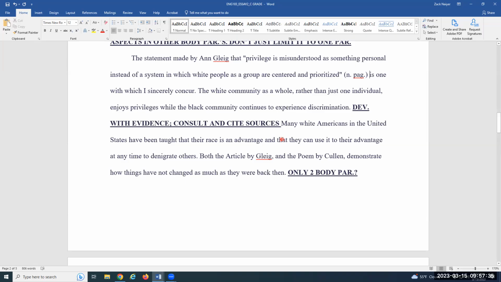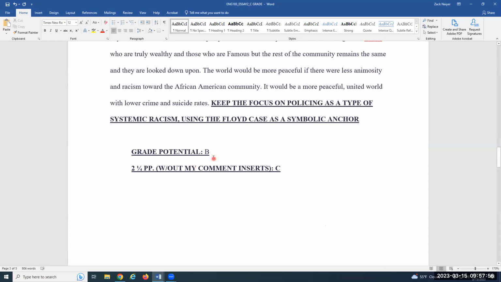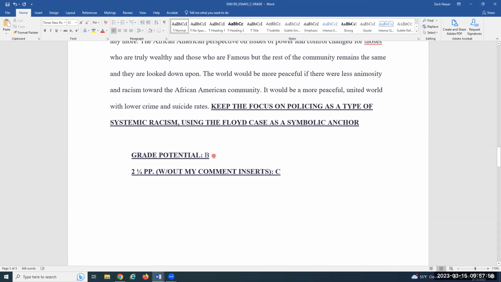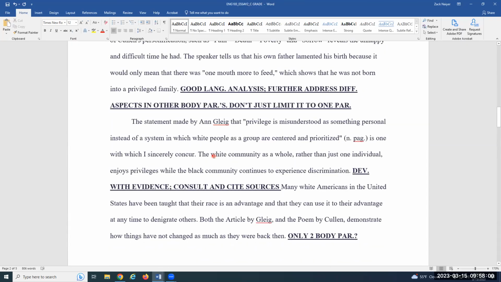Maybe the whole law enforcement, do white people enjoy more of a privilege when it comes to relationship with law enforcement than the Black members of society? Okay, that could have been interesting. But again, there's potential there, and that's why I said I do see great potential, but it's undercooked, right? It's underdeveloped.